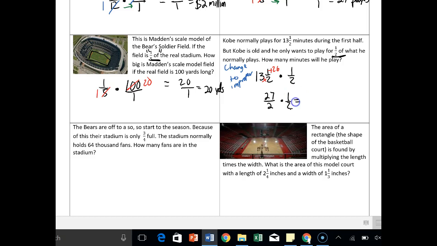Actually, I can't. So go straight across. I'll go 27 times 1, that's 27. 2 times 2, that's 4. Going to have to go into mixed number. 4 goes into 27 6 times, because that's 24, with 3 left over. So 6 3/4 minutes is how much he wants to play now. That's half of what he normally would play.